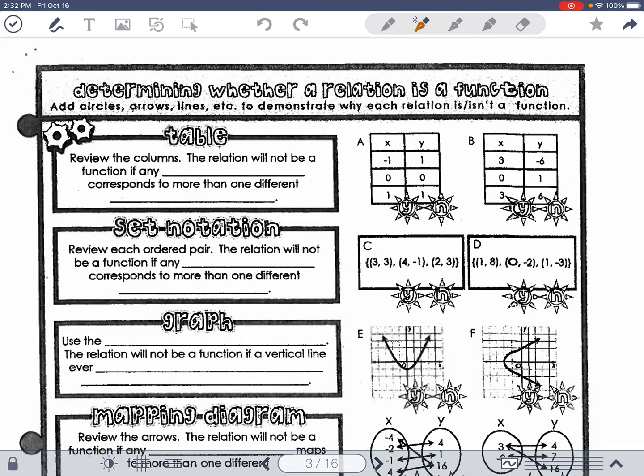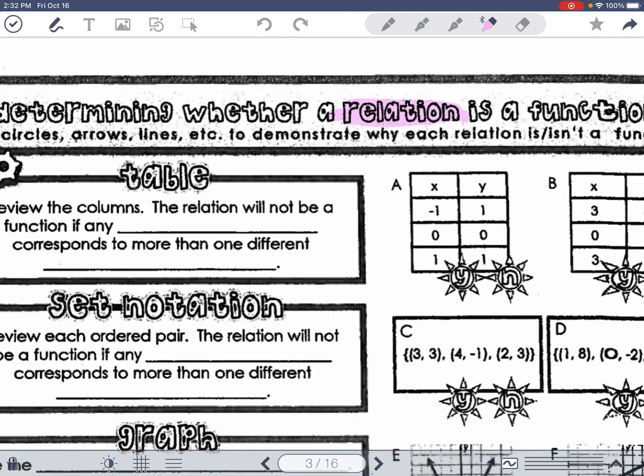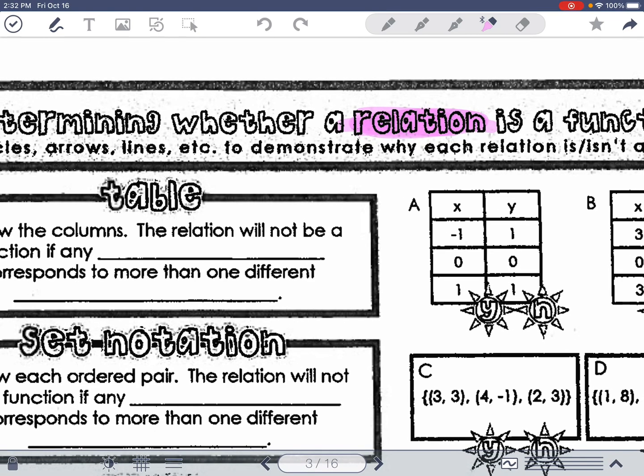Moving right along. Let's determine if a relation is a function. So real quick, let's talk about the word relation. A relation is a set of ordered pairs.